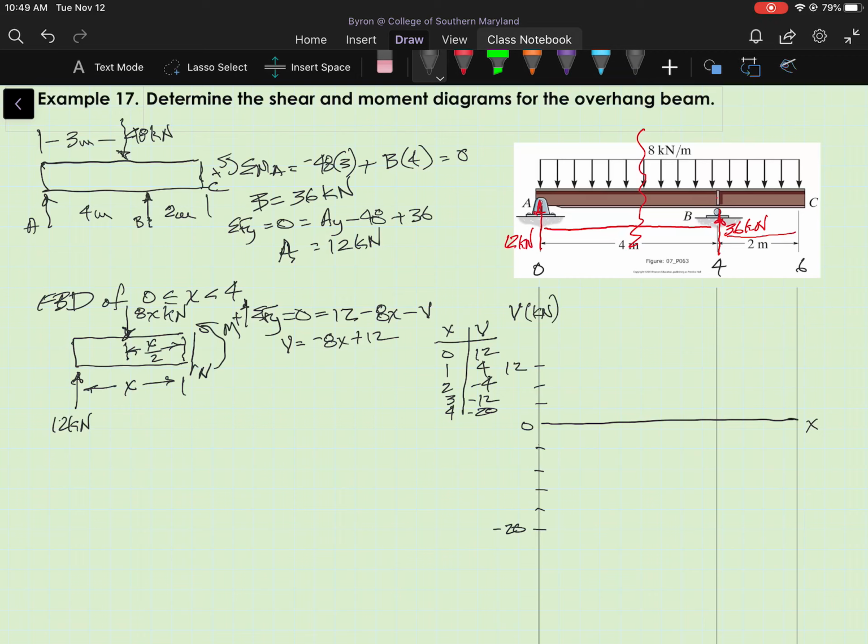Okay, so now I plot these points. Zero, 12. I'm not going to plot all of them because I know I'll get a straight line. At x equals 4, it's -20.